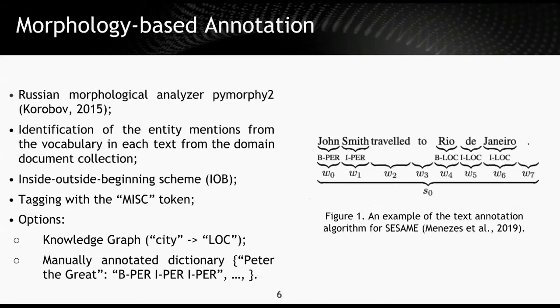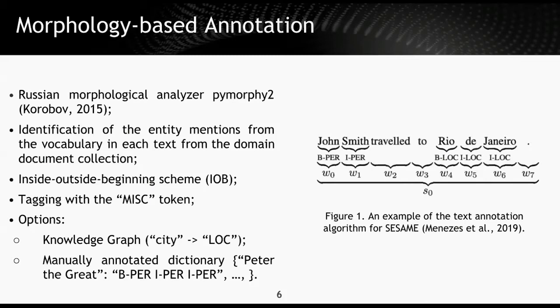To obtain annotations on the domain entities, we implemented an algorithm that is closely related to the Sesame method. This work proposes the assembly of a general domain NER dataset called Sesame, using Wikipedia as a source of named entities and their semantic types, and Wikipedia as a document collection.